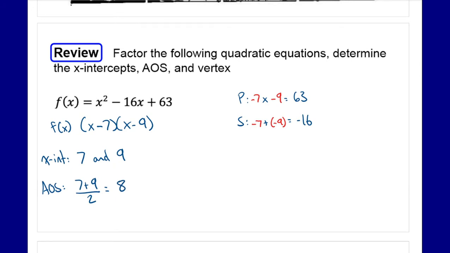I can then find my max or min value, or the optimal value, by taking 8 and plugging it back into the equation.